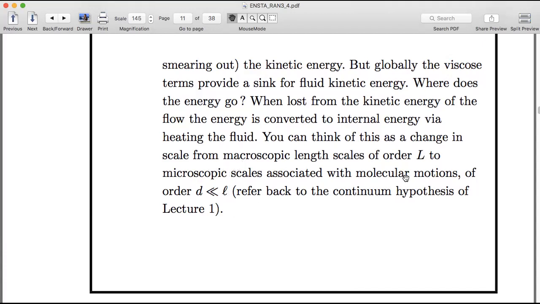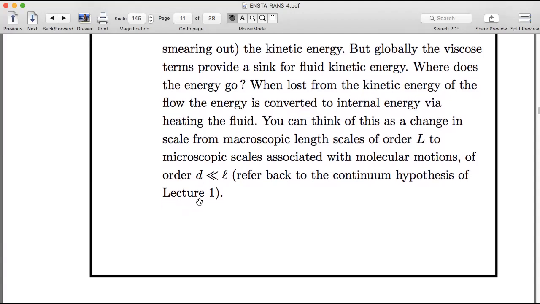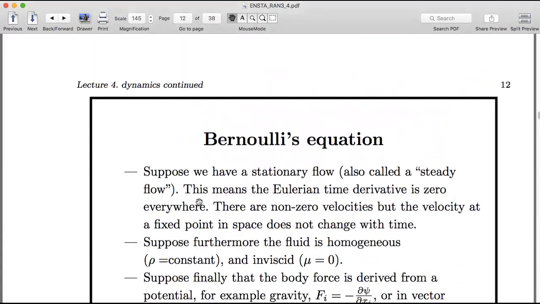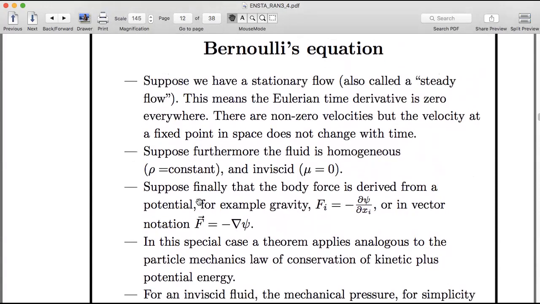That's what we mean by a velocity in a continuous medium. And when it's dissipated into thermal energy, well, then that means it's been converted to mechanical energy at the mean free path scale. Okay, that's a bit of conceptual detail.